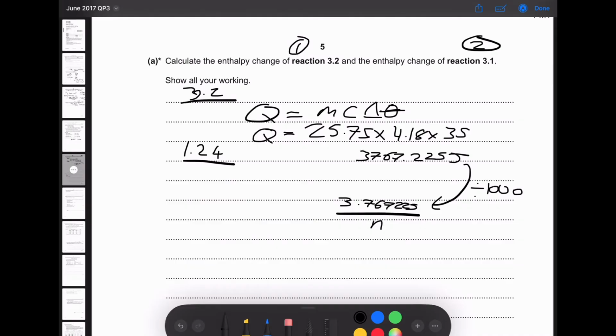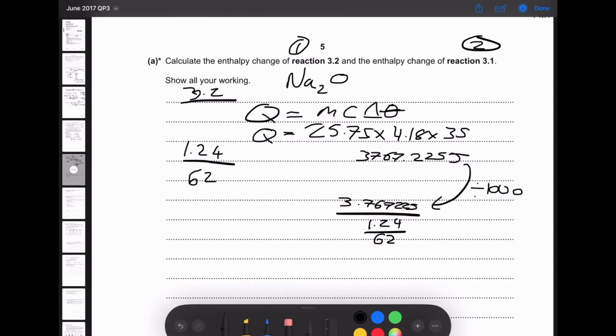over our molecular mass of sodium oxide, which is Na2O. So sodium is 23, times 2 plus 16 gives you 62. So then you're going to do 1.24 over 62.